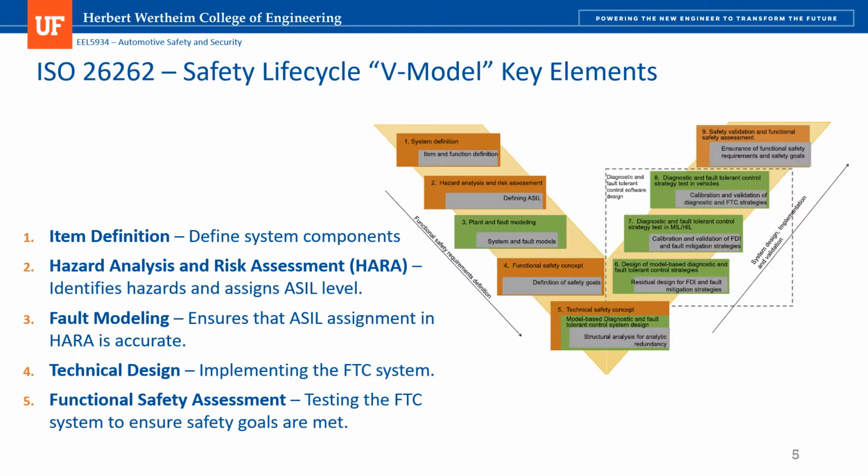The third is a simulation where you model the faults for the system and determine whether or not that ASIL level is the most accurate for the system based on the assignment from step 2. Step 4 is implementing the fault tolerant control system, and number 5 is the assessment of that system, where you're testing and making sure that all the requirements are met for the functional safety of the system.